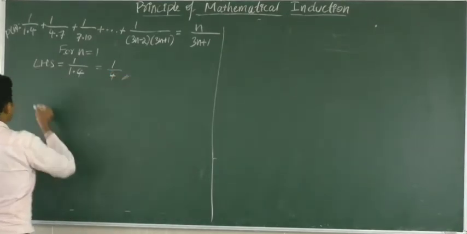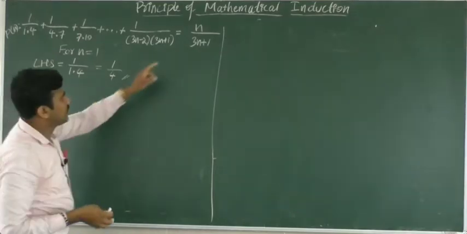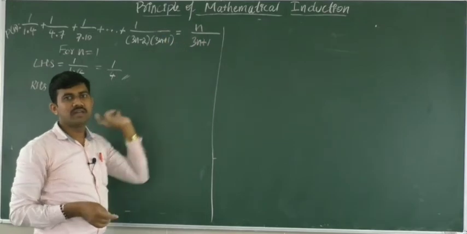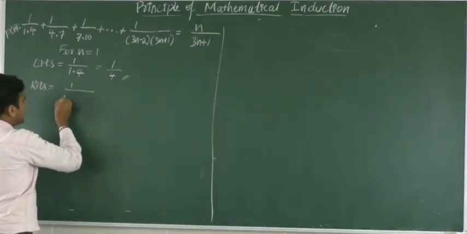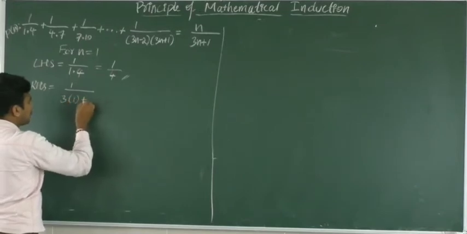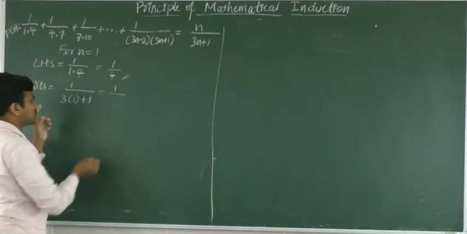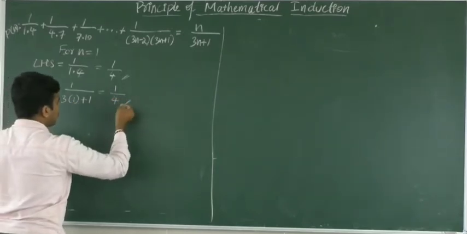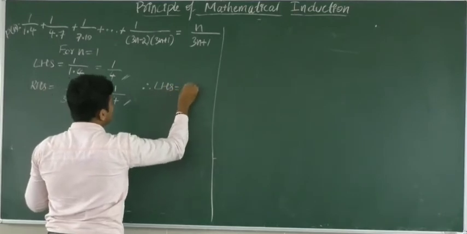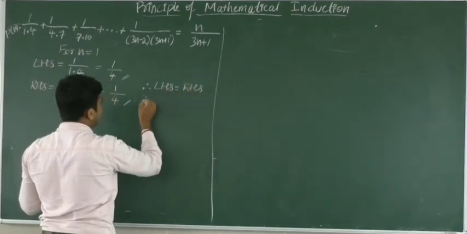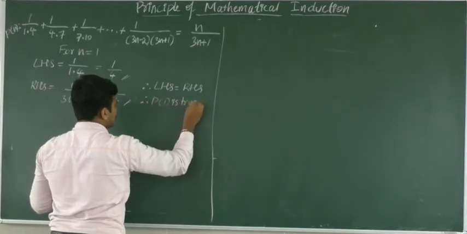Similarly, the right hand side we get by replacing n as 1, that is 1 divided by 3 into 1 plus 1, or 1 divided by 3 plus 1, that is equal to 1 by 4. Therefore, we can say left hand side is equal to right hand side, and hence P of 1 is true.